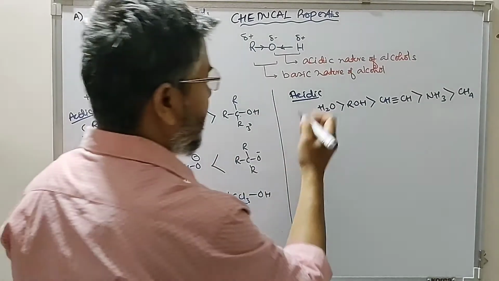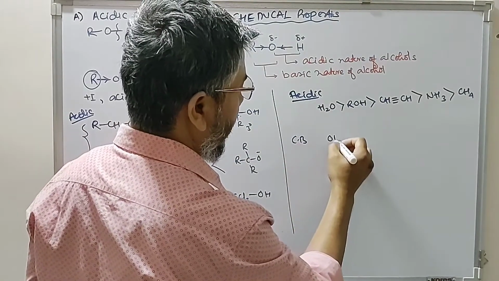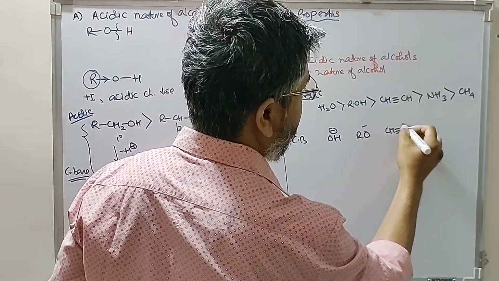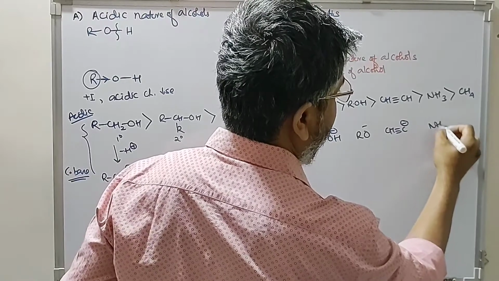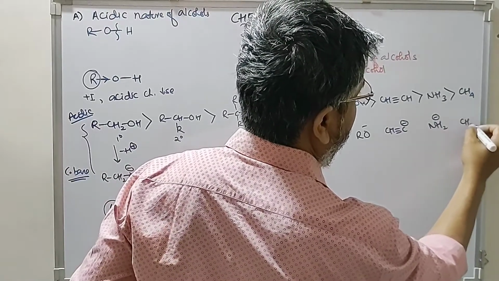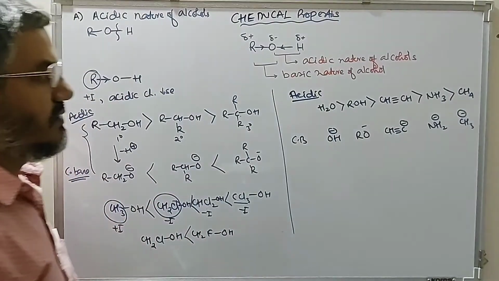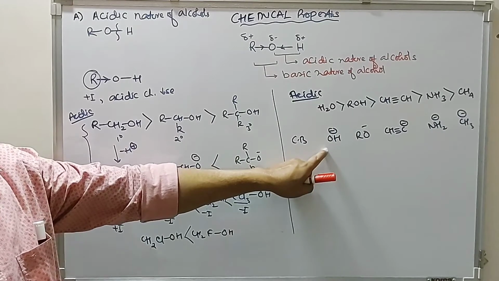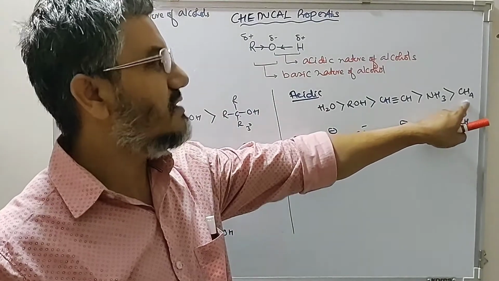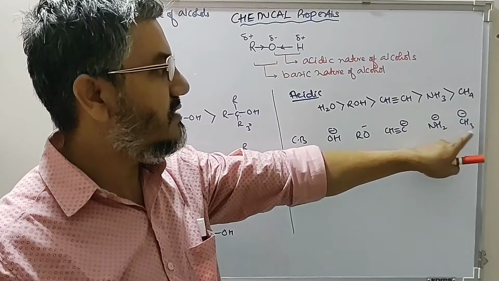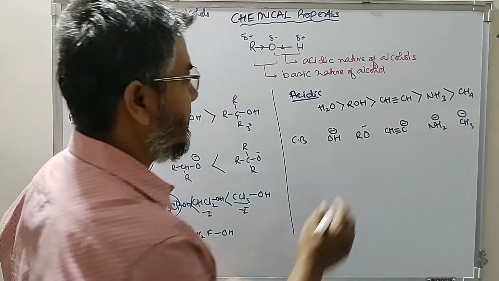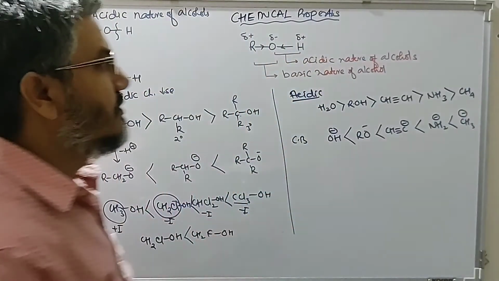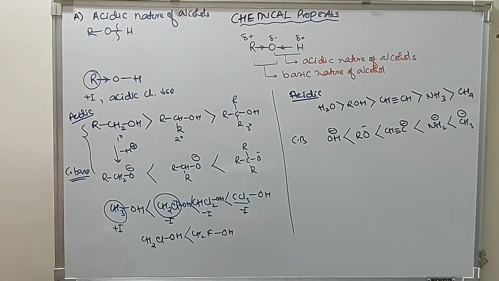Now take the conjugate bases: OH-, RO-, HC≡C-, NH2-, CH3-. Water being the strongest acid, OH- is the weakest base. CH4, having a C-H bond, is the weakest acid, so CH3- will be the strongest base. This is the basic character of these anions. So this is how we compare the acidic nature of alcohols.